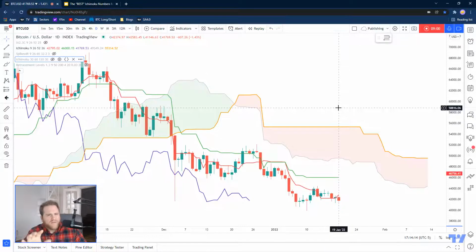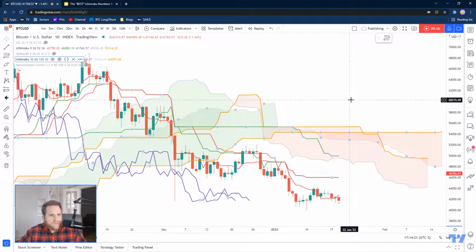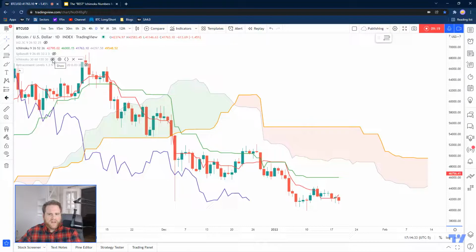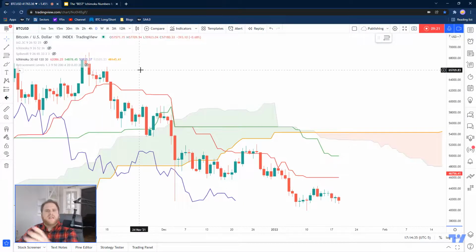But let's look at some of the key differences between the two numbers. The numbers for the improved cryptocurrency are almost double. We go from 9 to 30, and then from 26 to 60, and then 52 to 120. What that basically has the effect of doing is extending out the signals.